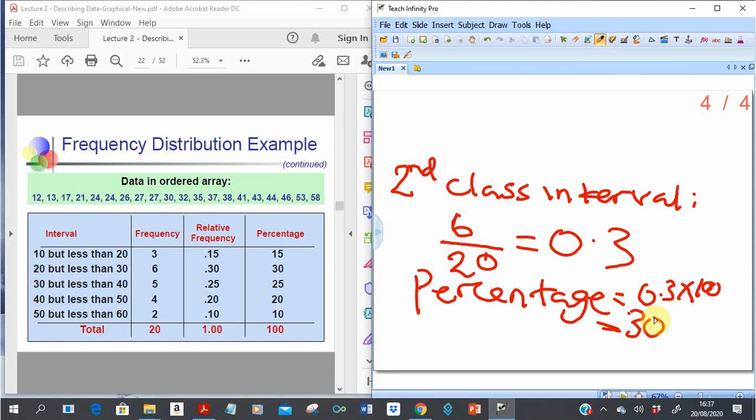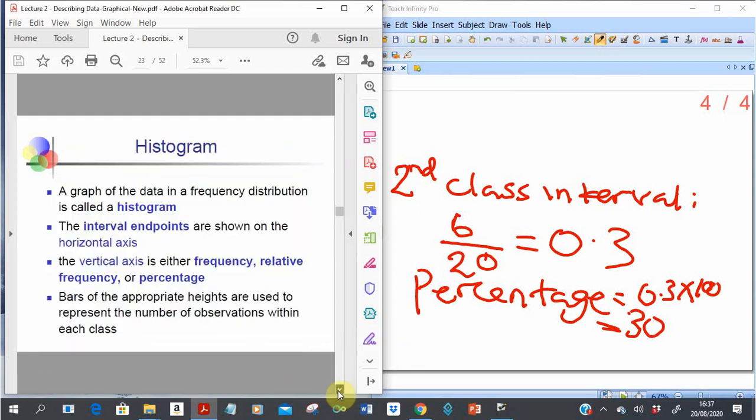For the first one, 0.15 multiplied by 100 gives you 15. So just get the relative frequencies and multiply by 100. That's how we get the relative frequencies.